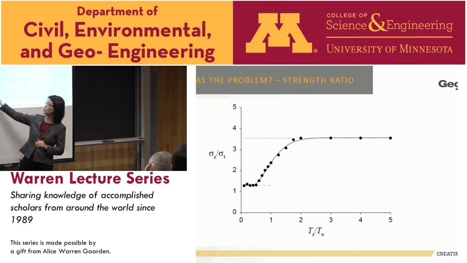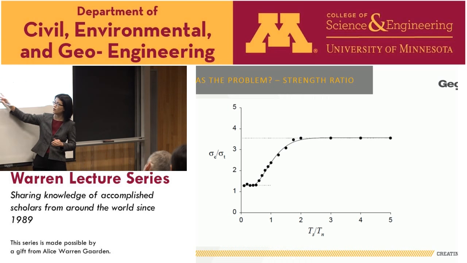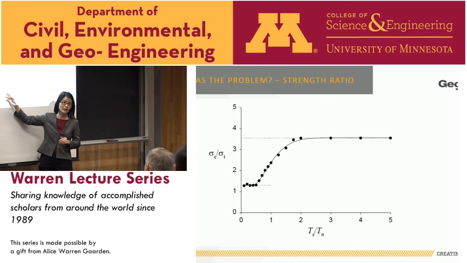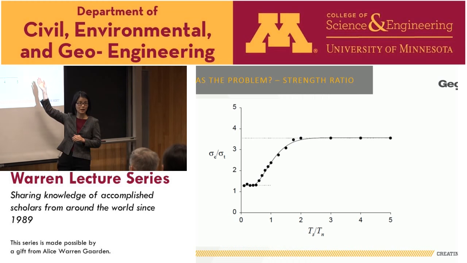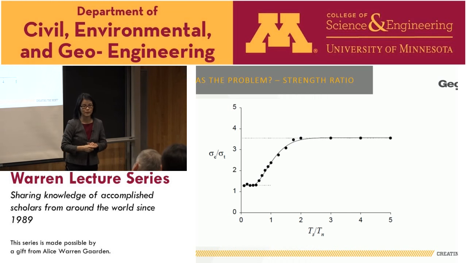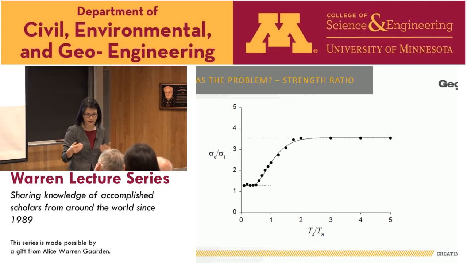When the shear bond strength is small, all the failure is governed by shear, so it ends up slightly above 1. When the shear bond strength is large and the normal bond strength is small, everything is governed by normal bond failure. Again, the maximum you can get is about 4. That's a 2D simulation. In 3D, the number slightly varies, but it's still the same.